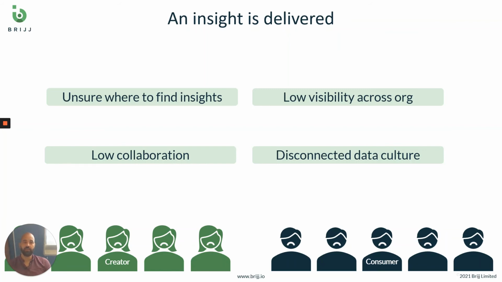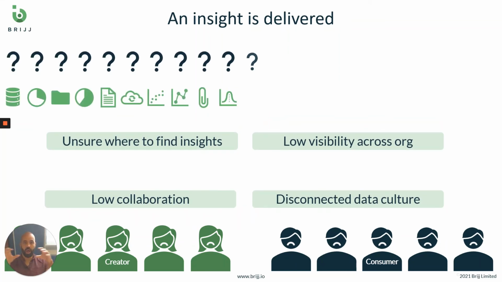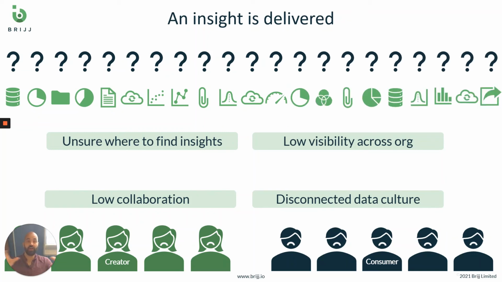So what do we recommend? Well, the obvious solution is to make sure that the delivery of insights is organised in a way where consumers can easily find them, where creators can easily associate questions and need with historical outputs and the requirements and the building blocks which supported the creation of those insights.